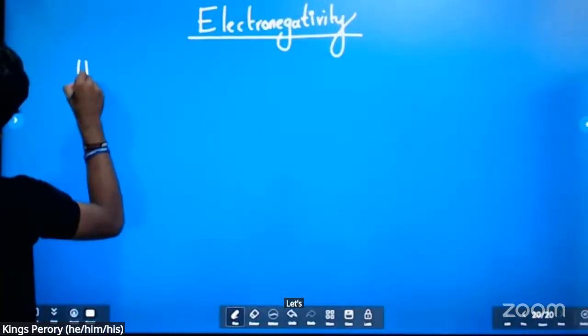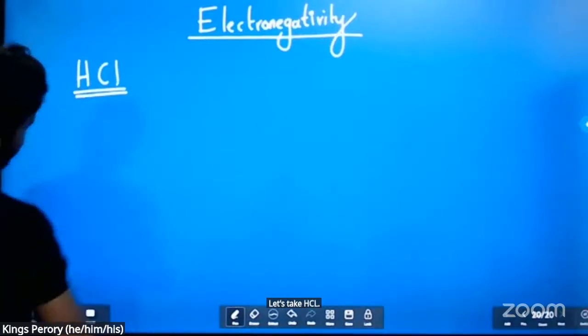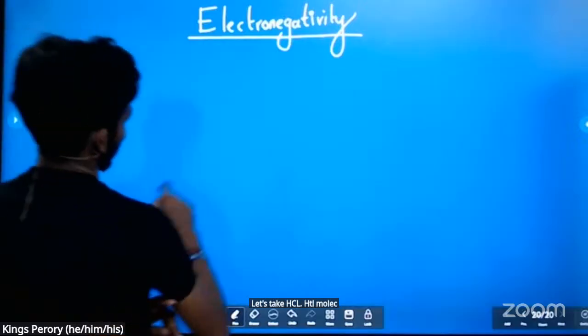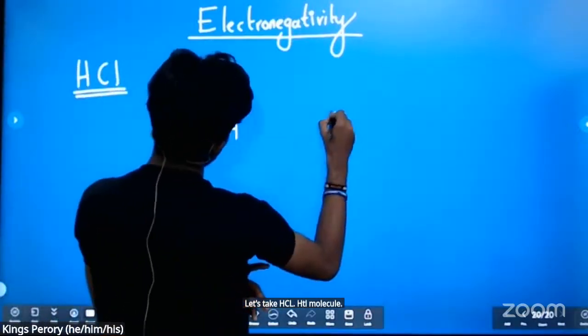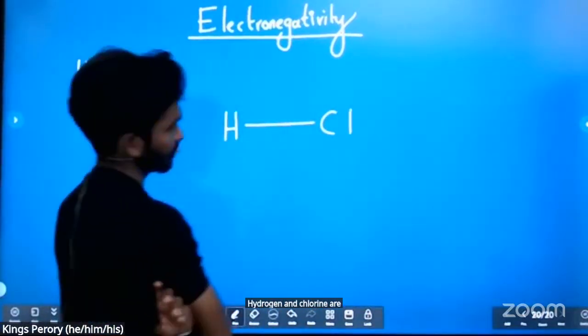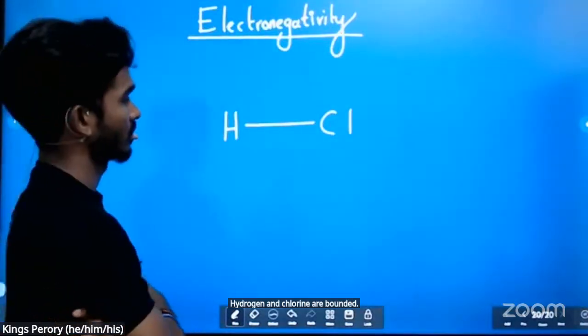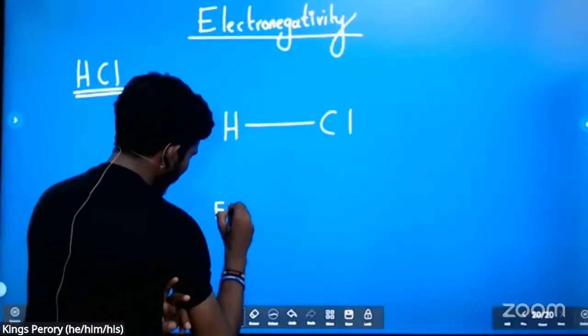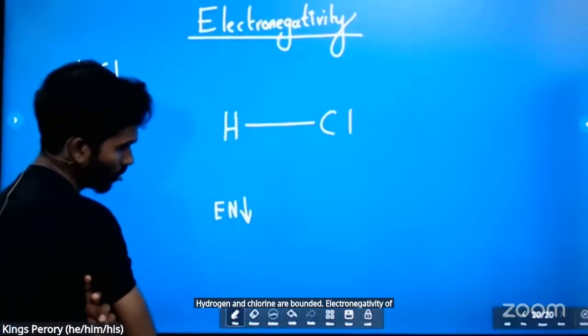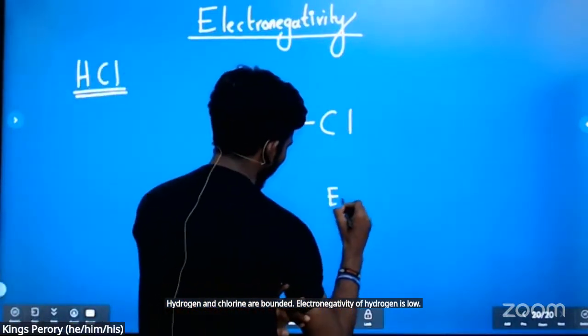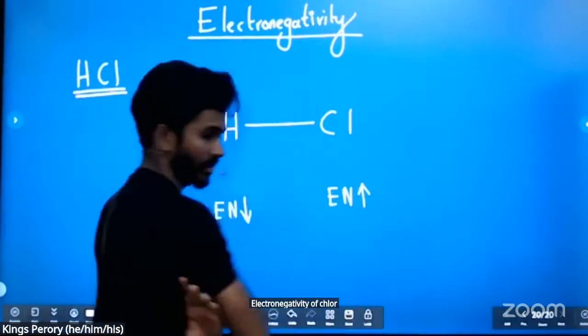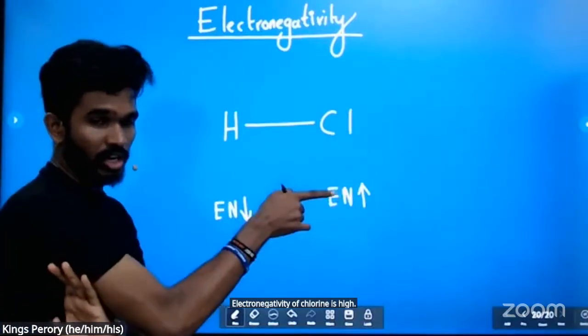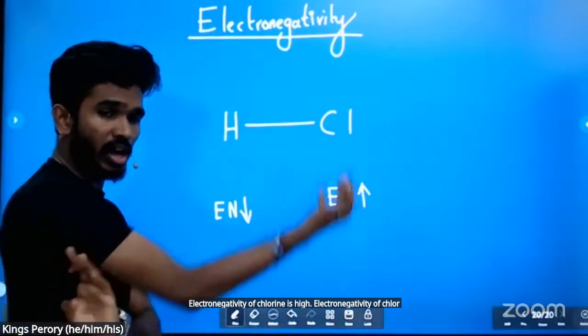Let's take the HCl molecule. Hydrogen and chlorine are bonded. Electronegativity of hydrogen is low. Electronegativity of chlorine is high.